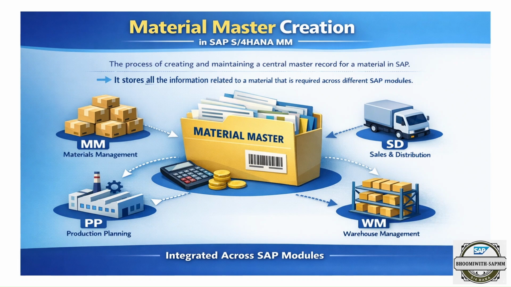These master records store all the essential information related to a material and are shared across multiple SAP modules such as MM, FI, SD, PP, WM. Because of this integration, the same material data is used for procurement, inventory management, production, sales, and accounting, ensuring data consistency across the entire organization.